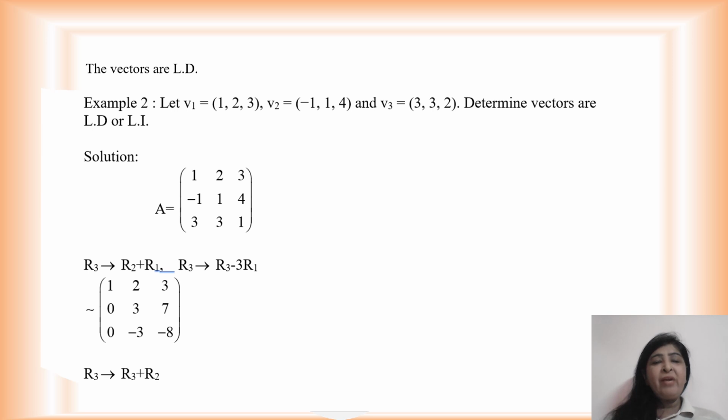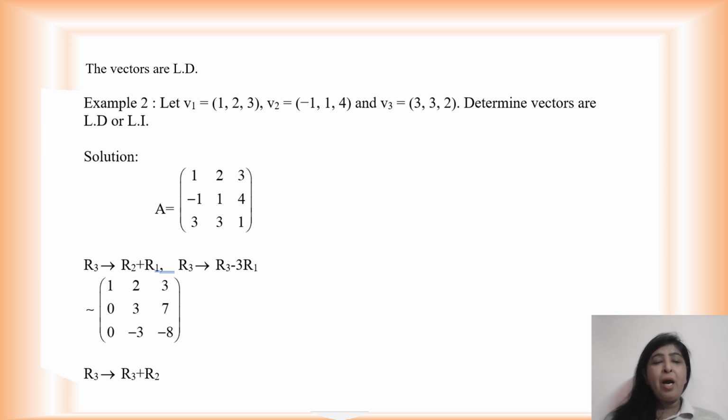Example 2. Let v1, v2, v3 be three vectors, and we have to determine whether the vectors are linearly dependent or linearly independent. So now A is a matrix where we have written v1, v2, v3 column-wise. Now again I want to find its rank. So what operation will I apply?